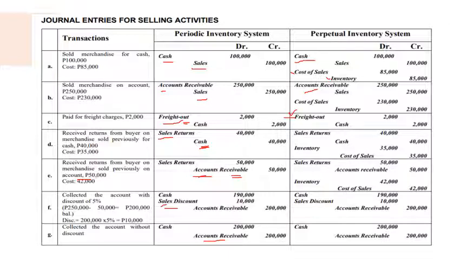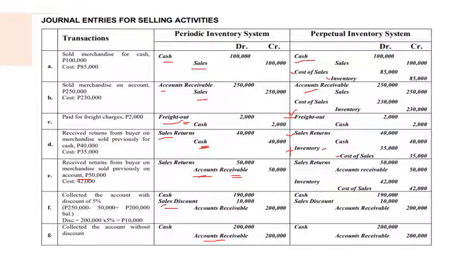For sales returns, the same entries, but with an additional entry for the return of the goods. We debit inventory because we receive the inventory returned, and we credit the cost of sales because the item is no longer sold, so the cost of sales should be reduced.